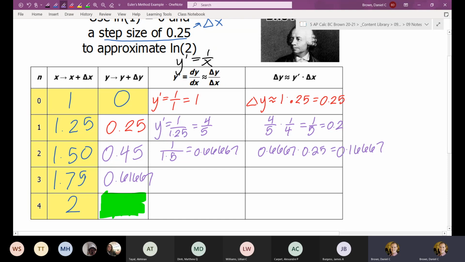And then repeat one last time. Y prime is 1 over x. And then delta y is your derivative times the delta x.